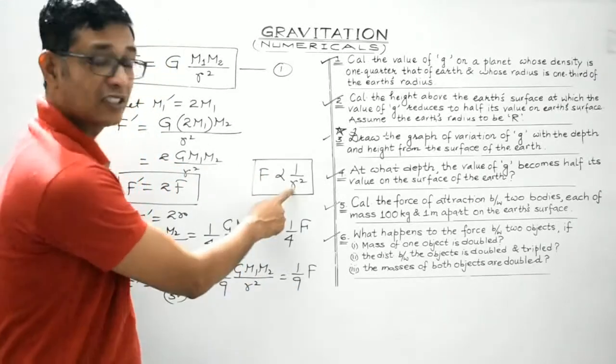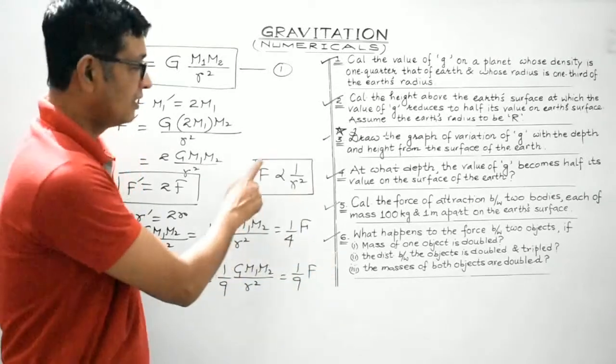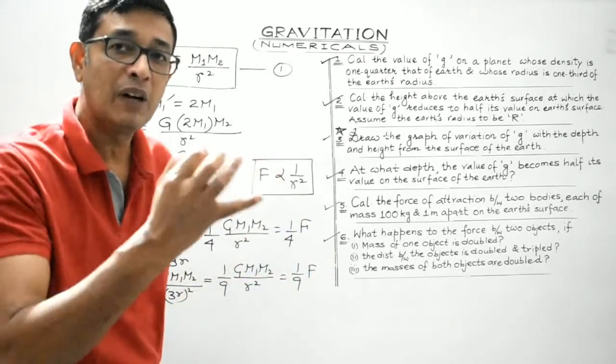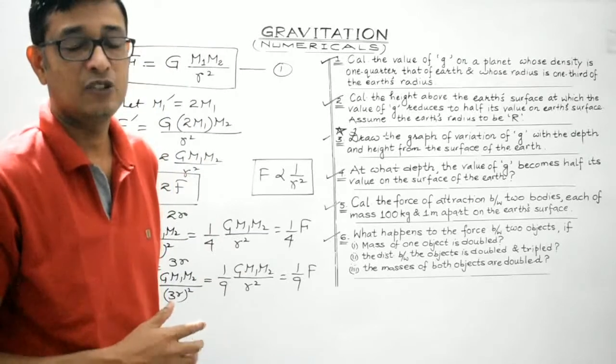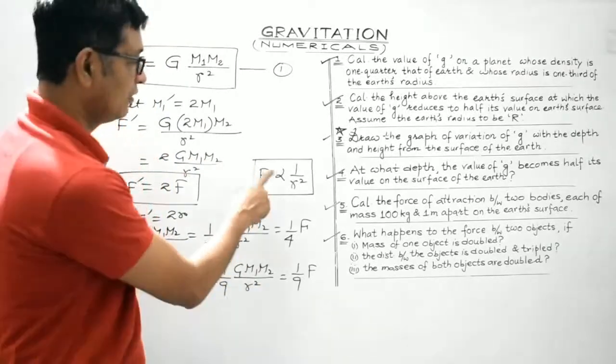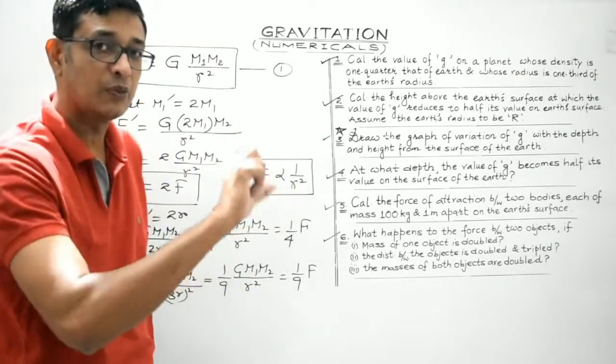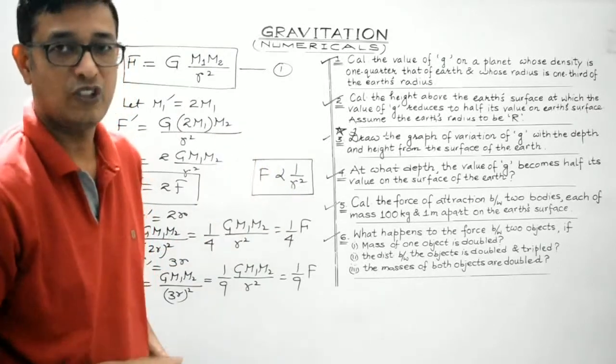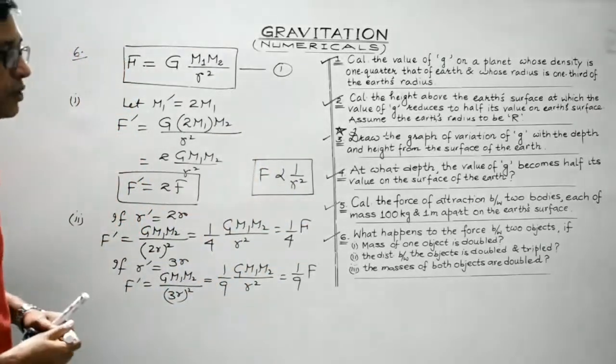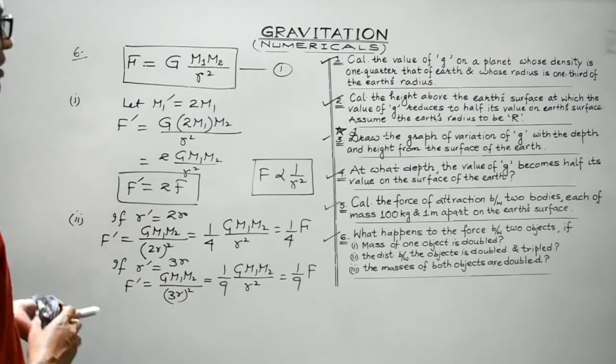Clear? Similarly, if the distance is increased to 6 times, then the force between those bodies will become 1 by 36 times. It obeys the inverse square law. It is inversely proportional to the square of the distance between the two given bodies.